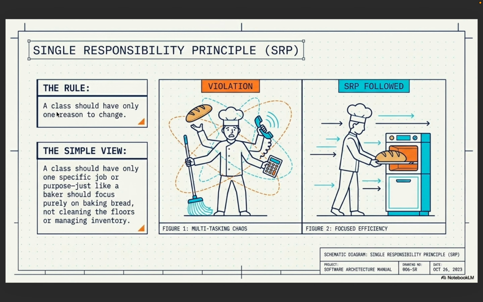The rule is a class should have only one reason to change. By this name and this rule, you may be getting some idea, right? So imagine a chef in a restaurant. What is the chef's responsibility? Cooking, right?